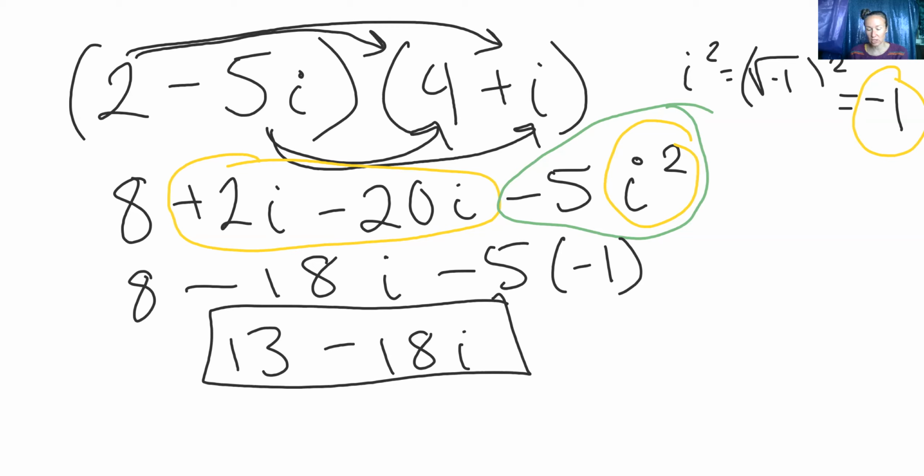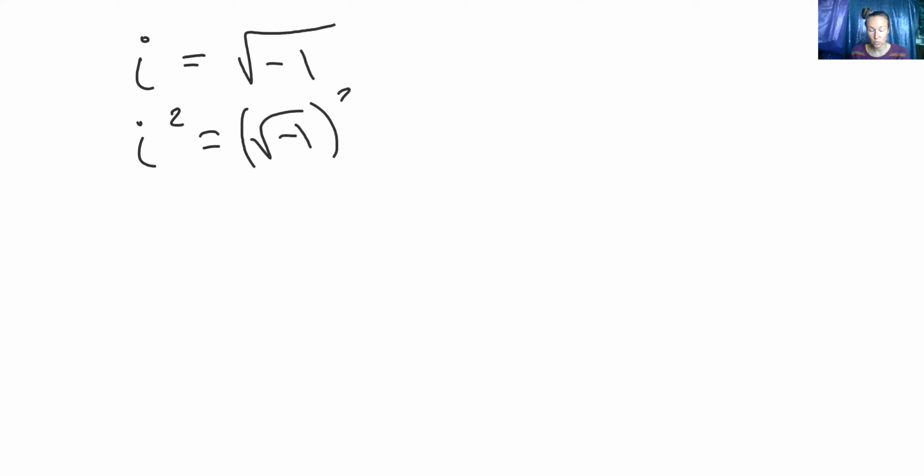Let's take a quick look at how the powers of i work out for us. So we know that i is equal to the square root of -1. And as we saw, i squared is going to be the square root of -1 squared, which just becomes a -1. All right.